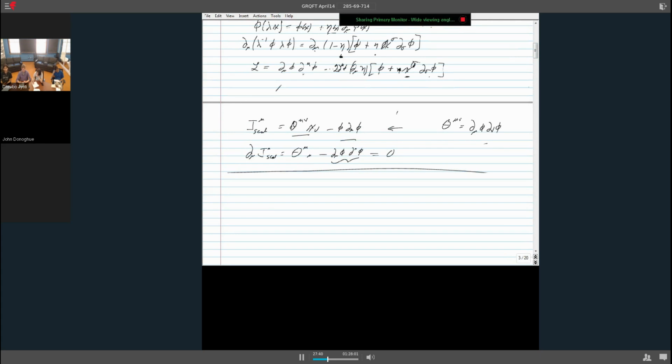The equivalent one for the photon, which is the one I'm going to be working on here, is if we just do this unchanged.